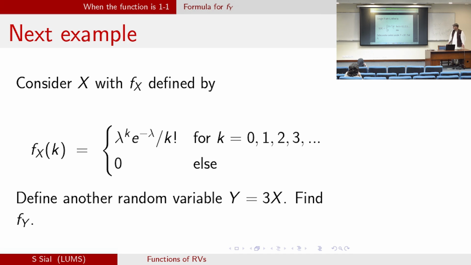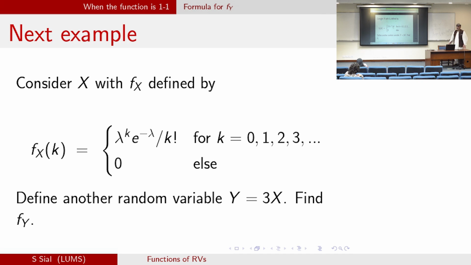Let's say y equals 3 times x. I asked you to define f sub y. Can we use that formula? Even if we couldn't use the formula, we can still think our way through the problem. But if there's a formula handy, let's use it.